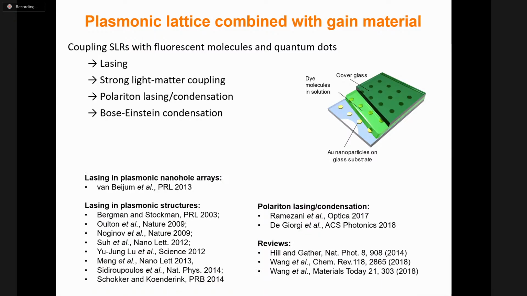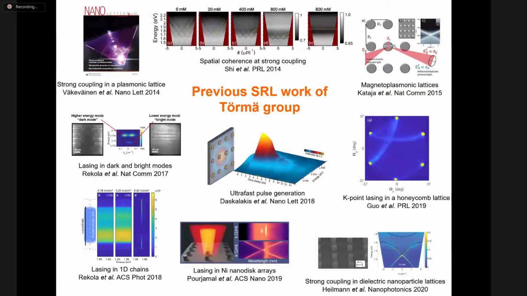As I mentioned, many groups have been studying lasing in periodic plasmonic structures over the past two decades. In Professor Törmä's group at Aalto University, some topics include, for example, strong coupling with quantum dots and dye molecules.